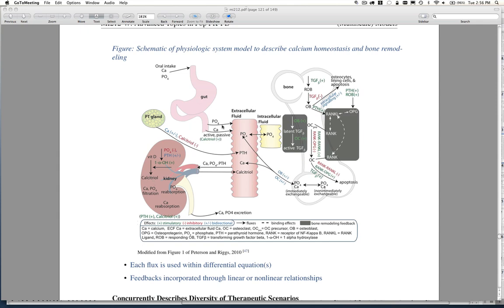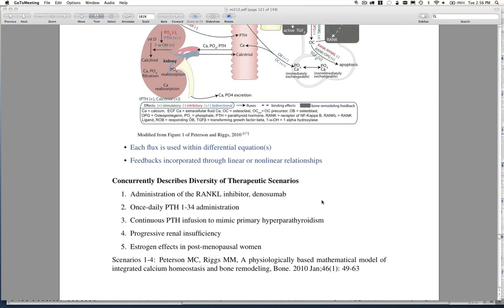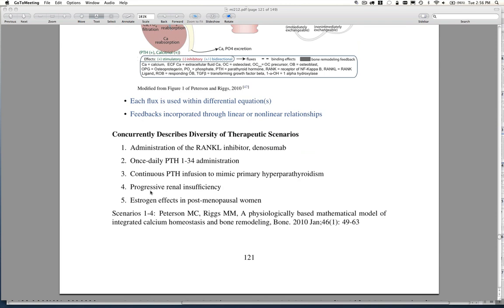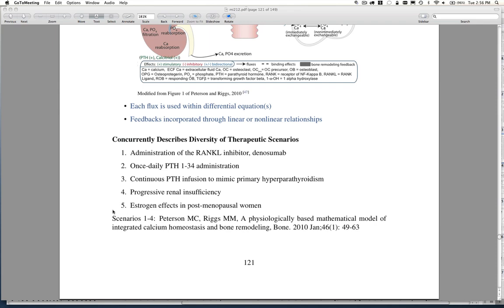Calcitriol is going to affect the amount of calcium absorbed. It's going to feed back to the parathyroid gland, and then how does that manifest in the bone system? Can this actually describe what truly occurs during the development of renal insufficiency? And then extending that even further, can we use the model to explore exactly the mechanisms by which estrogen affects the bone and calcium balance as well?